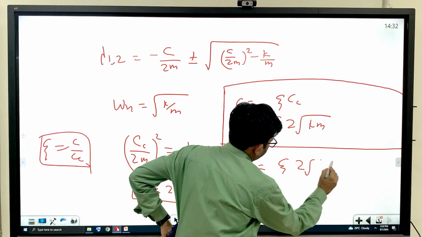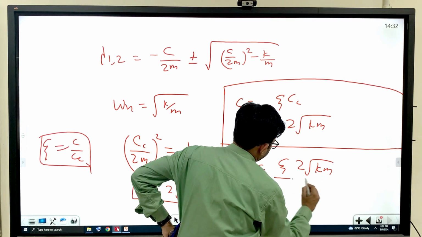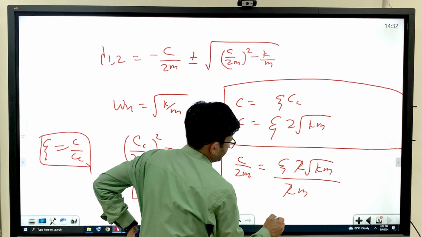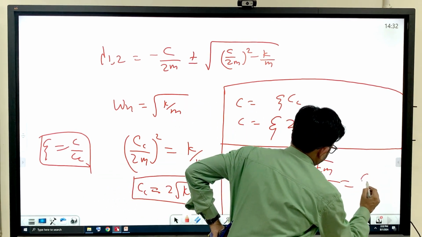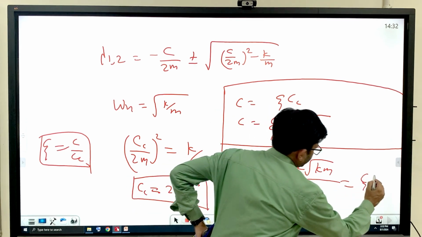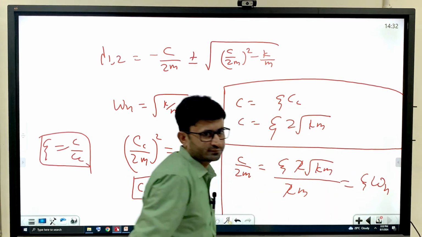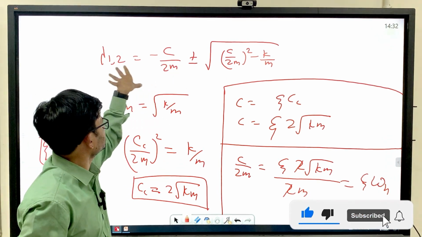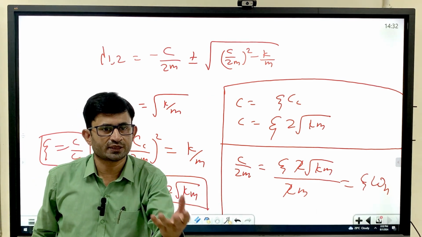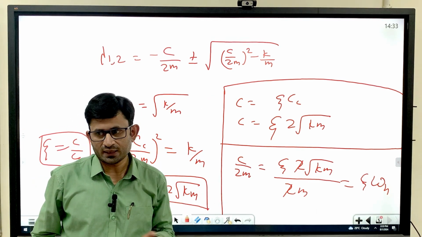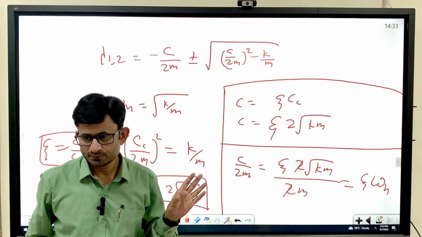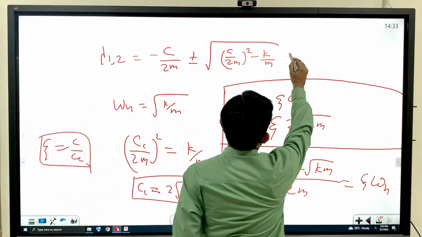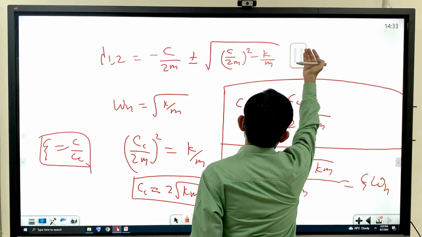Zeta 2 under root km, and then 2m, the 2 will get cancelled. You can write zeta under root k by m, which is omega n. Why am I doing this? Because I want to write this root in terms of damping ratio and frequency. That is why I am doing this arrangement.